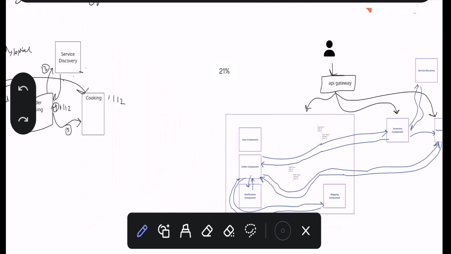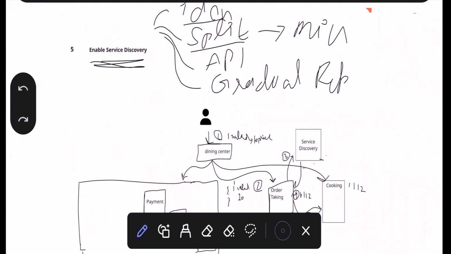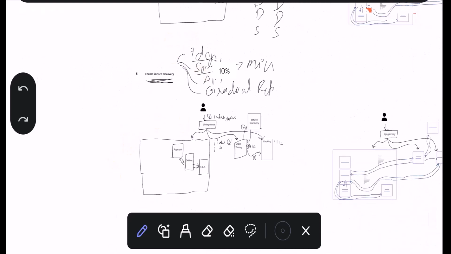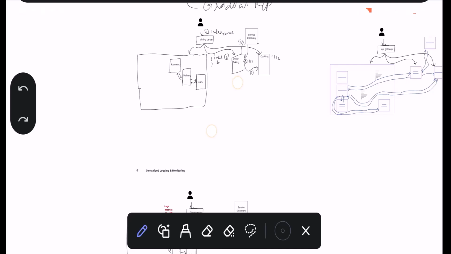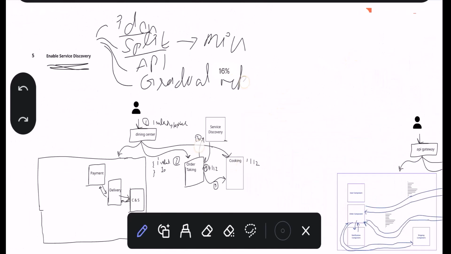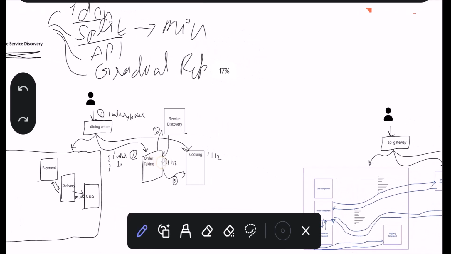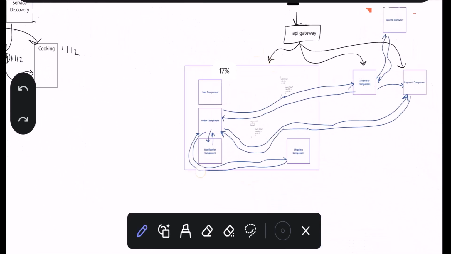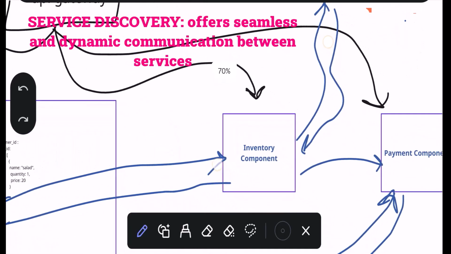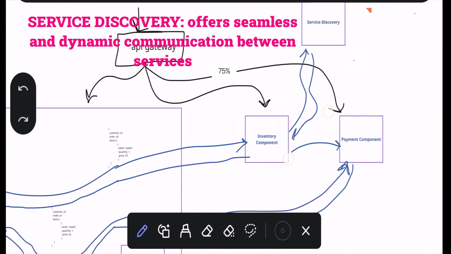So yes, we have to create a service discovery. It is just like a phone book. So that is efficient, dynamic communication. The goal of the enable service discovery step is nothing but seamless or dynamic communication between these microservices.